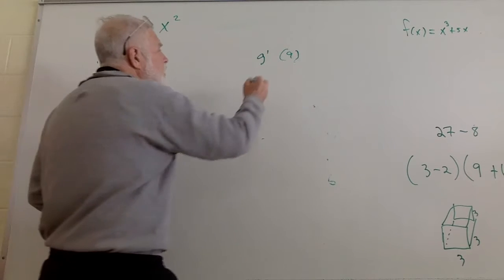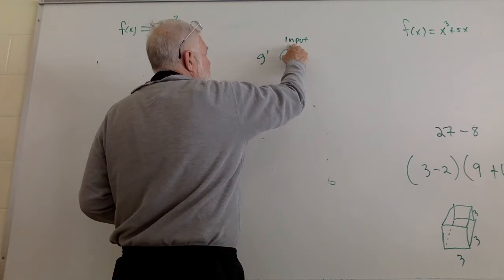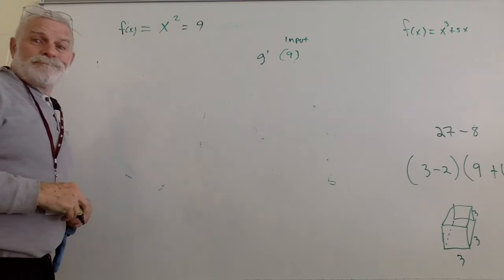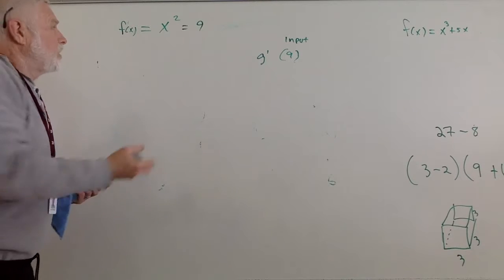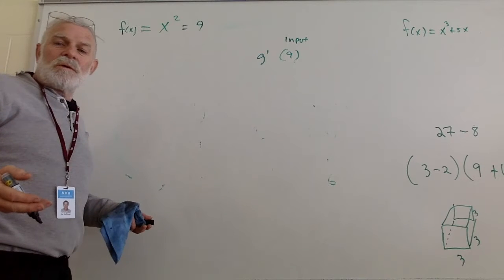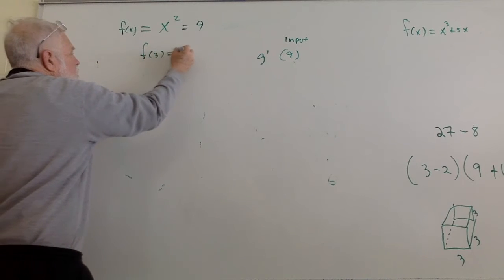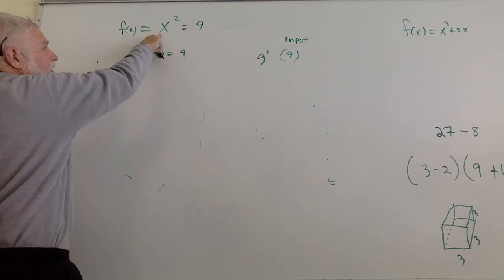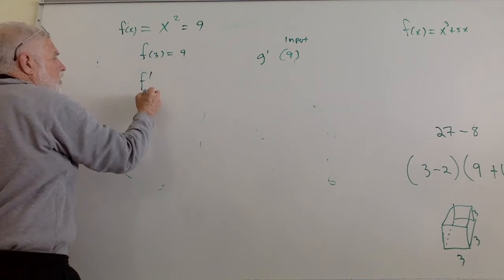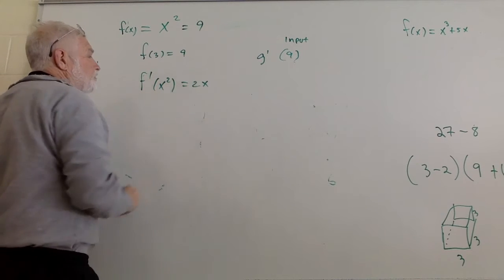And then you really got to be able to fill in all the information from there. Well, this is an input. What's the inverse of an input? An output. So we look at that and we go 3 and negative 3, but let's just take it with the side that we were working with. Oh, I can see that f of 3 equals 9. And since we have this function, I know the derivative of x squared is 2x.